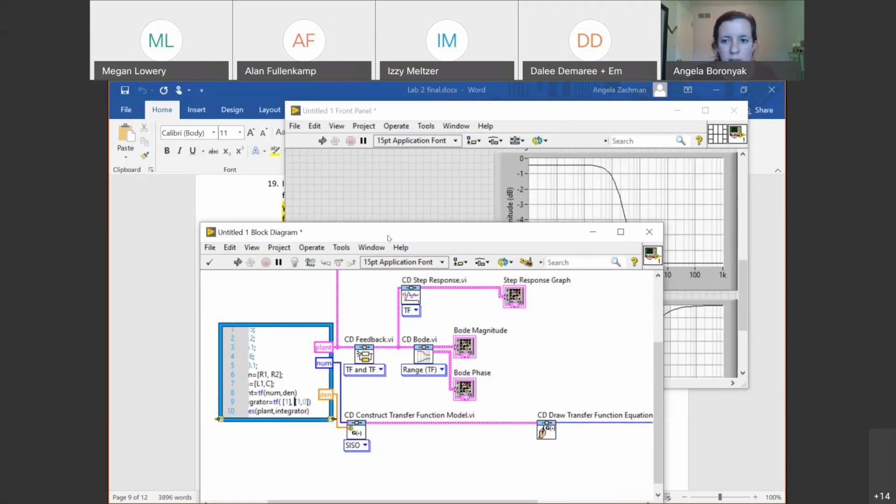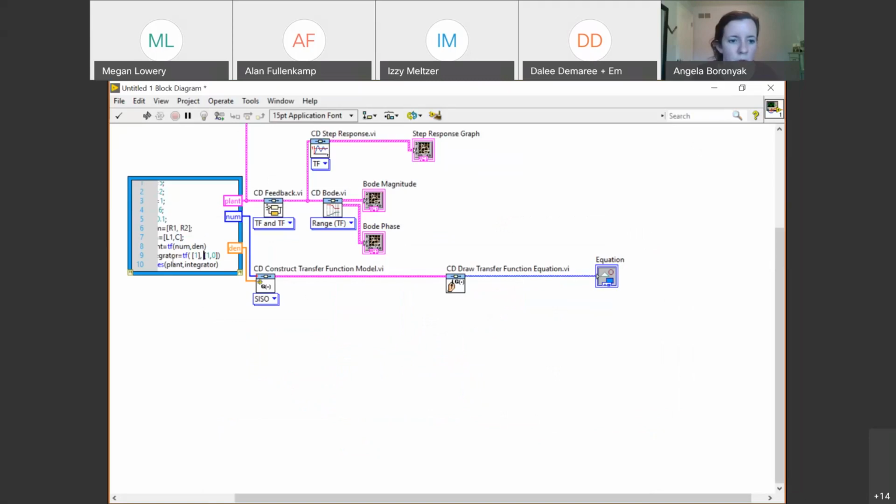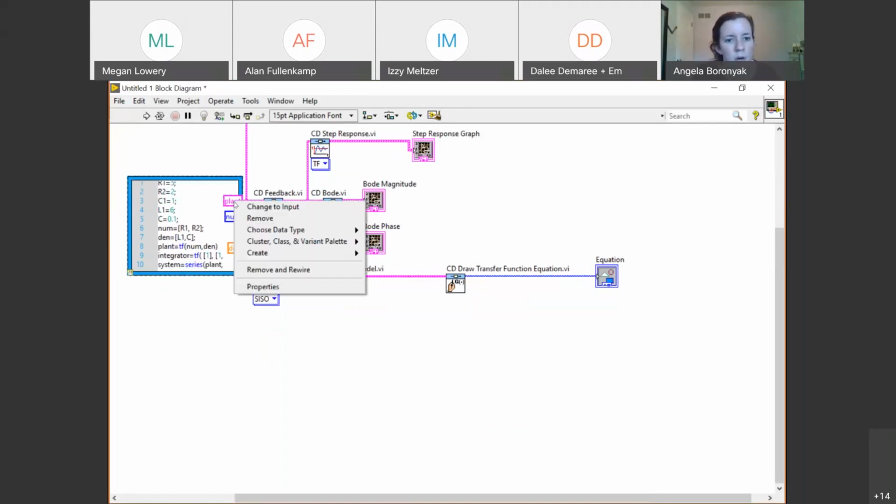Oh, that's annoying that I can't see my whole thing. I have to save that to something that I'm going to call like my whole system, just needs to be some other variable. And now I don't want to be graphing my plant, I want to be graphing my system. You can either click on your output and change its name.